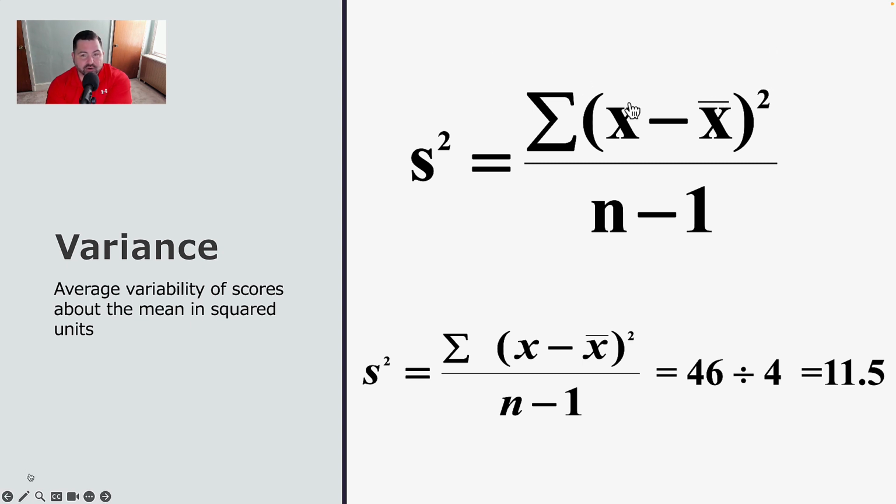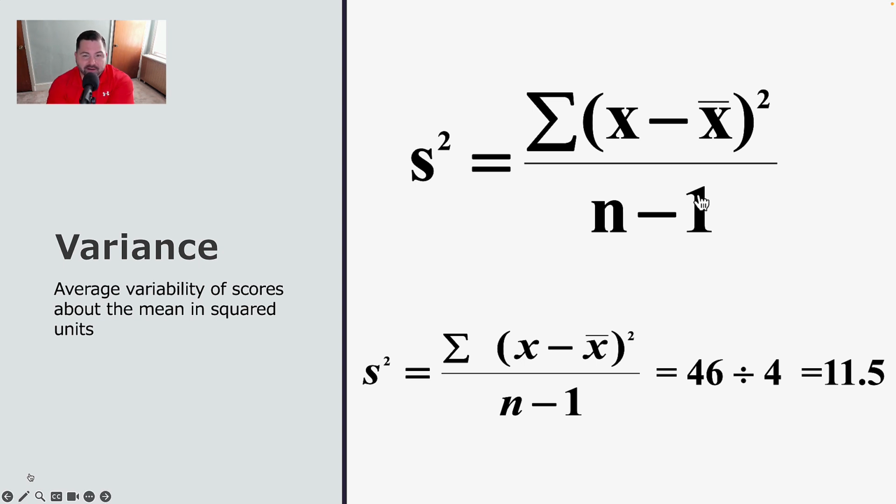What is that? The squared difference of the values, which takes each individual score, x, minus the average score for the whole sample, and then squares all those numbers. Then you take the average variability by dividing it by n minus 1. I'll talk a little bit about what n minus 1 represents, but that's really what we call a degree of freedom.